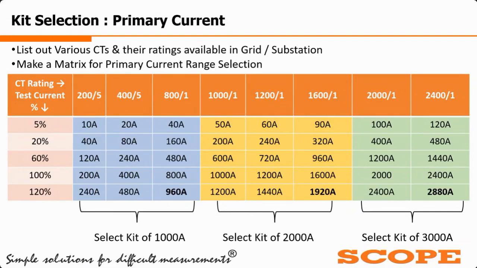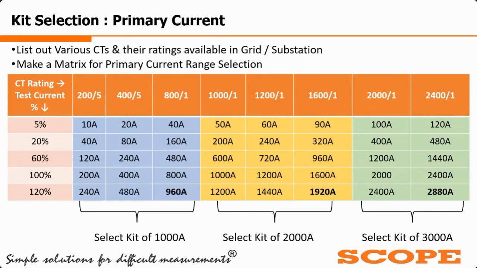By considering this, for 5% on 200 by 5 ampere, we need to inject 10 ampere, that is 5% of 200. Similarly for 1000 by 1 ampere, 5% of 1000 is 50 ampere.